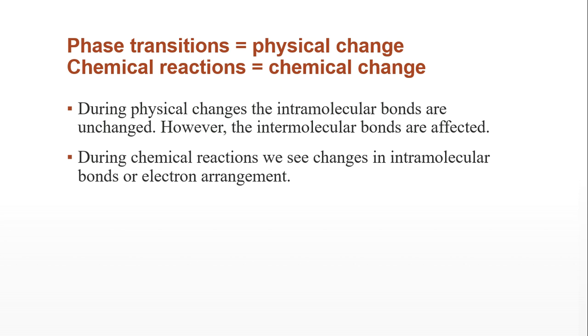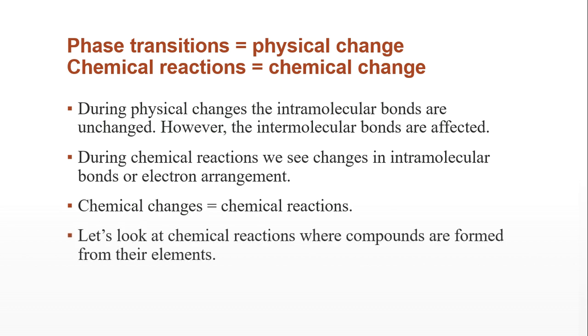During chemical reactions, we see changes in intramolecular bonds, or the electron arrangement of the substances. That means that when electrons move about and are changed, we will have chemical reactions. So chemical changes are chemical reactions. And we're going to look at the enthalpy changes for a few chemical reactions as well.